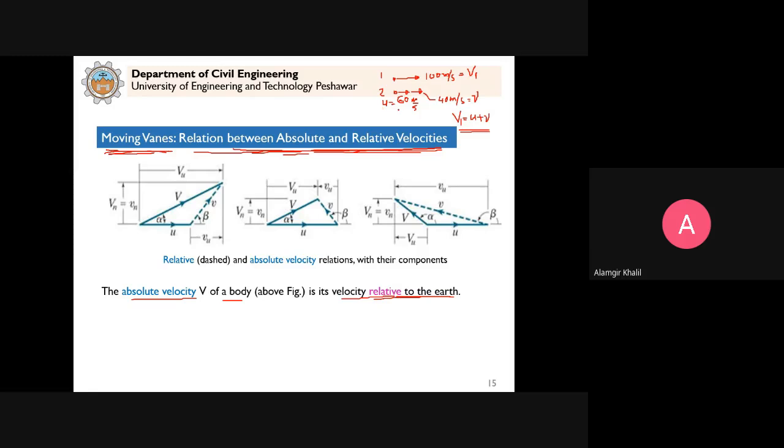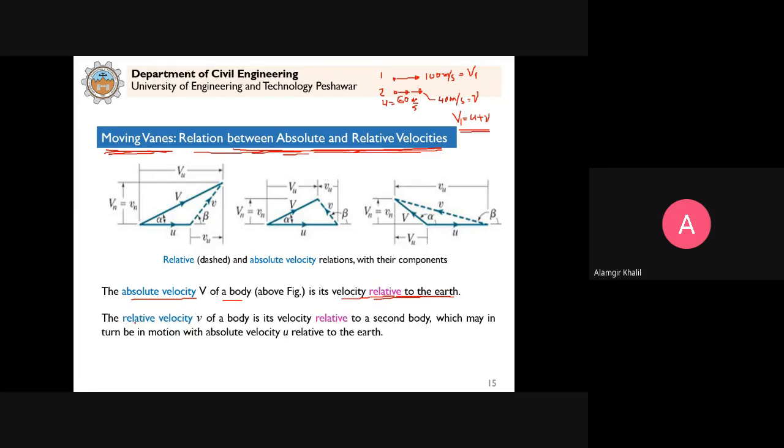Similarly, the second body is moving with 60 meters per second, which is the absolute velocity with respect to the earth. But what is the velocity of the first body with respect to the second body? That is the relative velocity, 40 meters per second in this example.